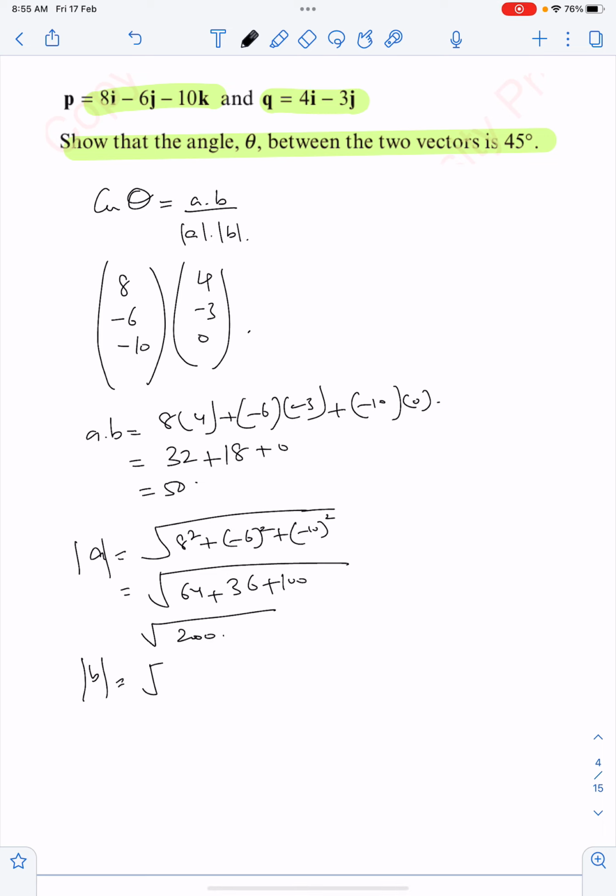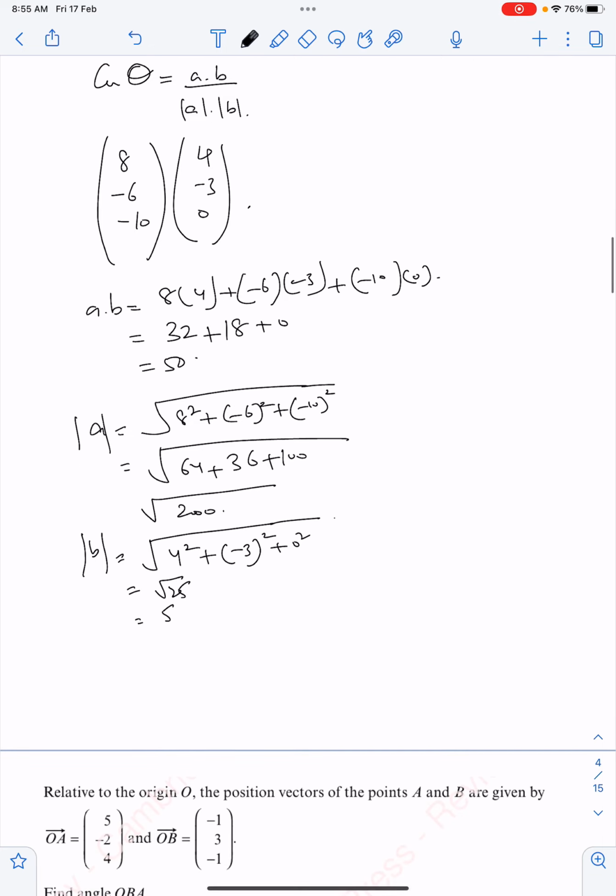Magnitude of b is 4 square plus negative 3 square plus 0 square, which is going to be 16 plus 9 is 25, square root of 25, which is 5. Let's put it in the formula. Cos of theta equals the dot product divided by the magnitude of a and the magnitude of b. Magnitude of a is square root of 200, magnitude of b is square root of 25.